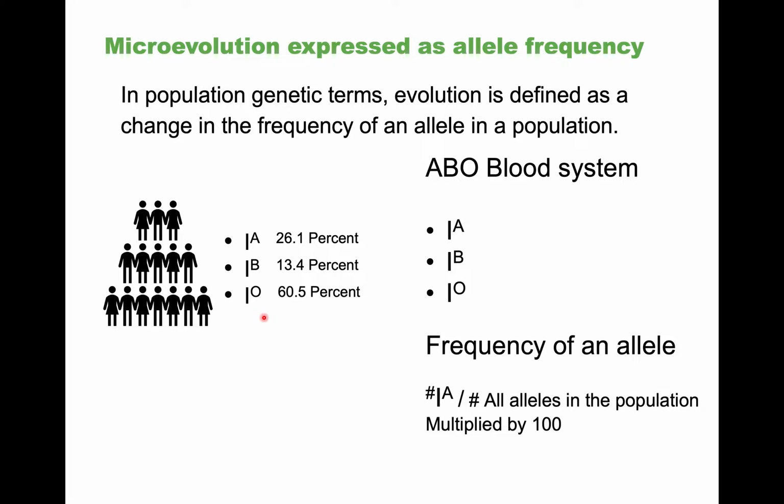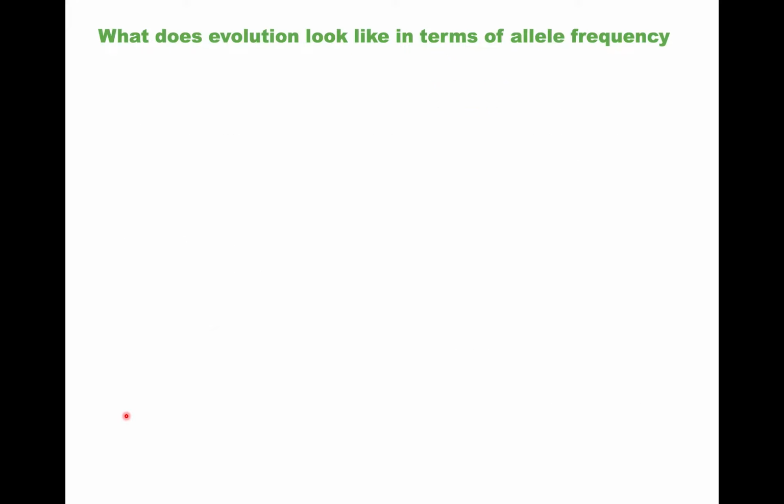If it is changing over time, then that population is evolving with respect to this gene. Now, the entire composition of the alleles and relative percentages for a population is called the population gene pool.